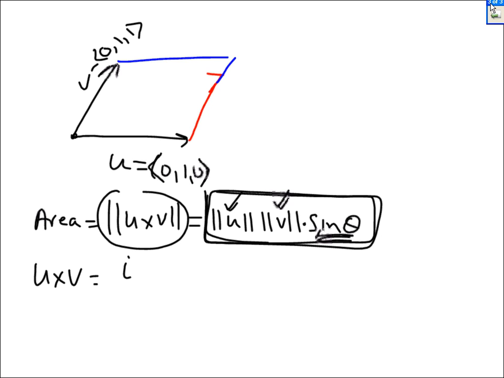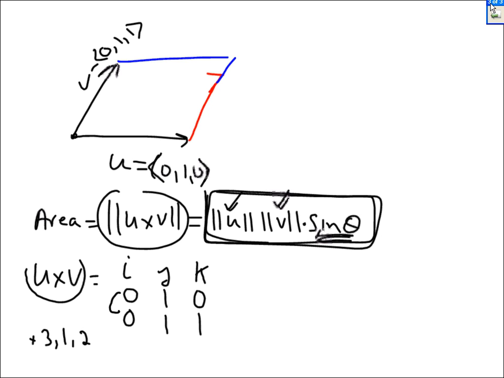u cross v. i, j, k. Then you write down u. Then you write down v. Yes, the order matters. But not if you're really finding the length. Because if u cross v was -3, 1, 2, and you did it backwards, you'll get plus, that is, you interchange these.